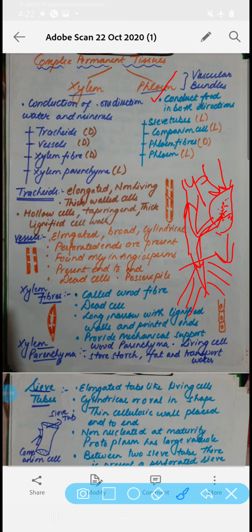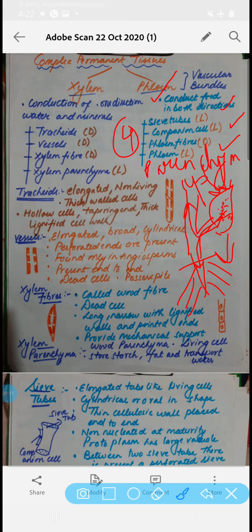Clear? So if we talk about the components of phloem, phloem is made up of 4 types of cells. They are sieve tube, companion cells, phloem fiber, and phloem parenchyma.